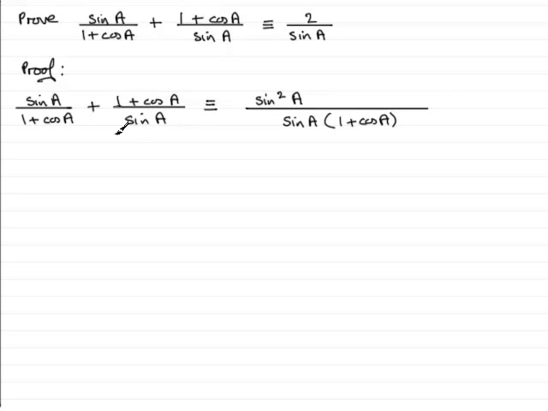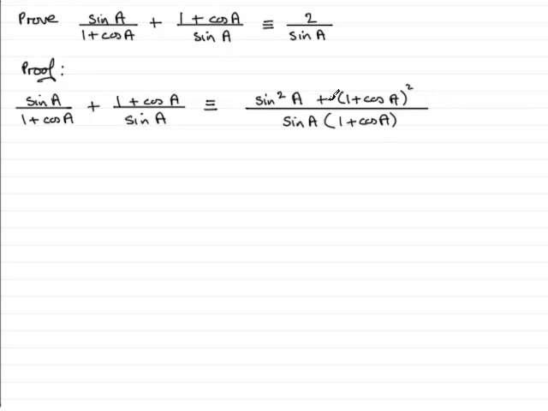And when it comes to this fraction, to turn it into a fraction with this denominator, I would need to multiply the bottom by 1 plus cos A. So I need to times the top as well by 1 plus cos A. So that's going to be plus 1 plus cos A times another 1 plus cos A, in other words, 1 plus cos A all squared.